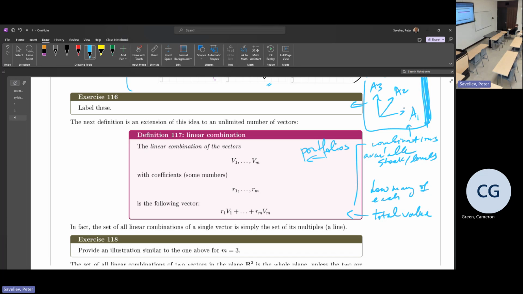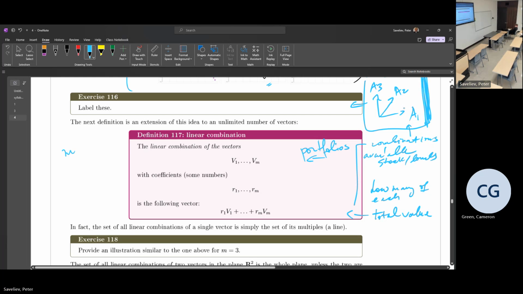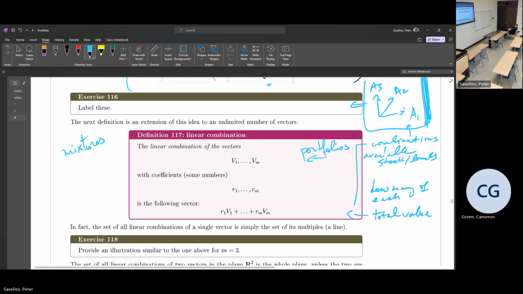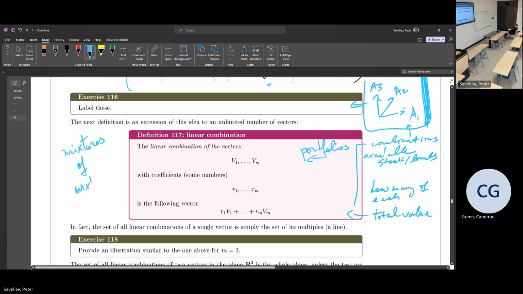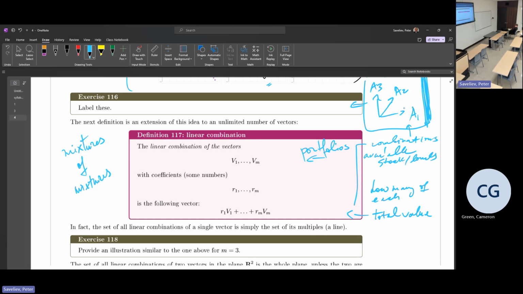So if we originally spoke of some original choices and their combinations, that was literally the components of the vectors. Now what we speak of is mixtures of mixtures. Like I said, V1, VM might themselves be entirely arbitrary, and so we can combine them together, and you can have as many as you like, and then the linear combination makes sense.